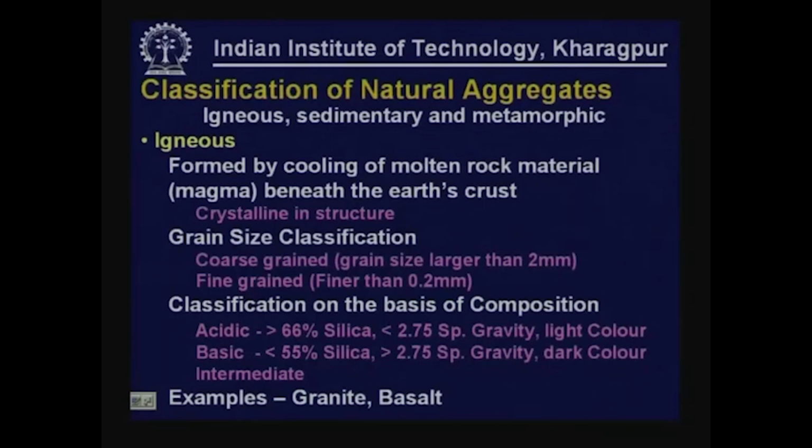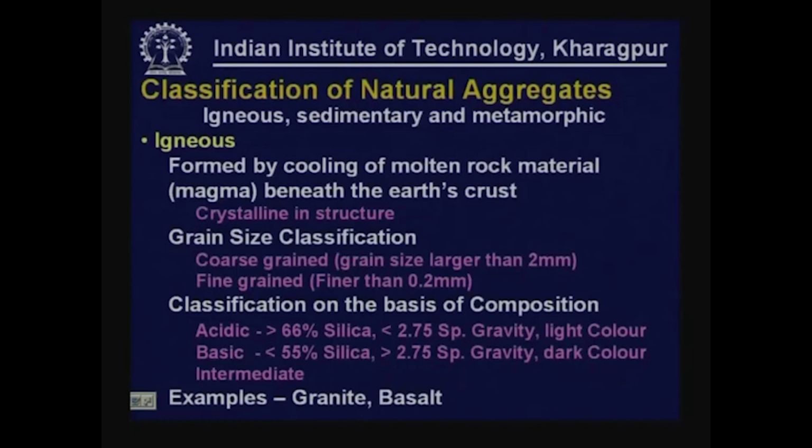Based on their natural geological formation, the rocks are classified into igneous, sedimentary and metamorphic. Igneous rocks are formed by cooling of molten rock material, which is also called magma, beneath the earth's crust. These are usually crystalline in structure.